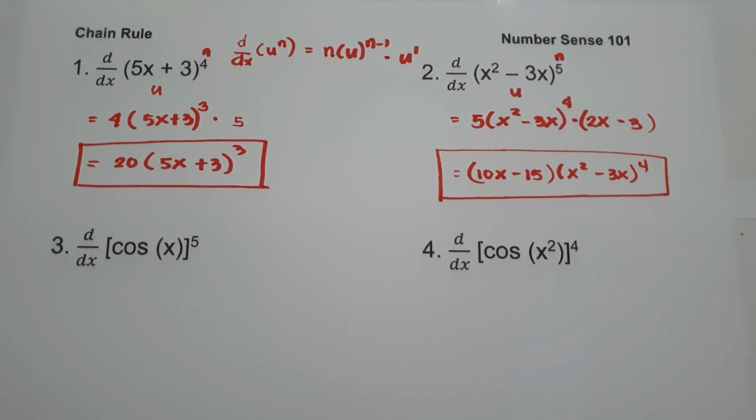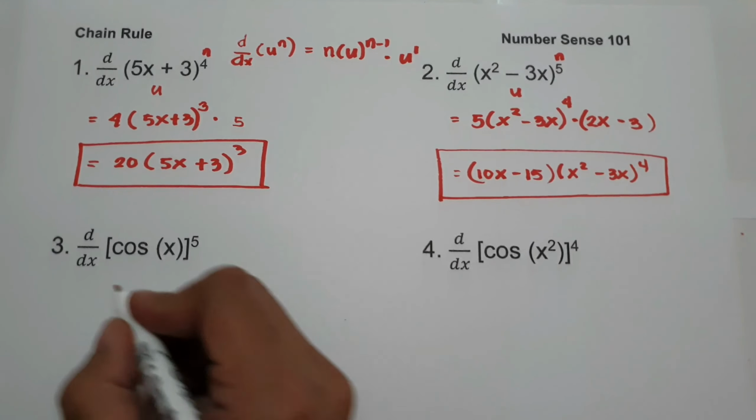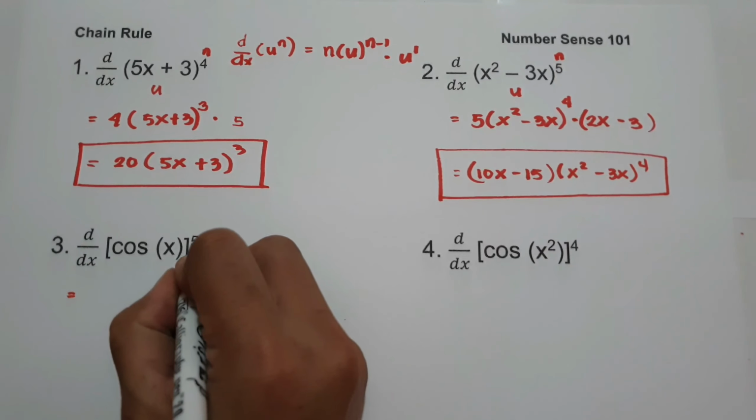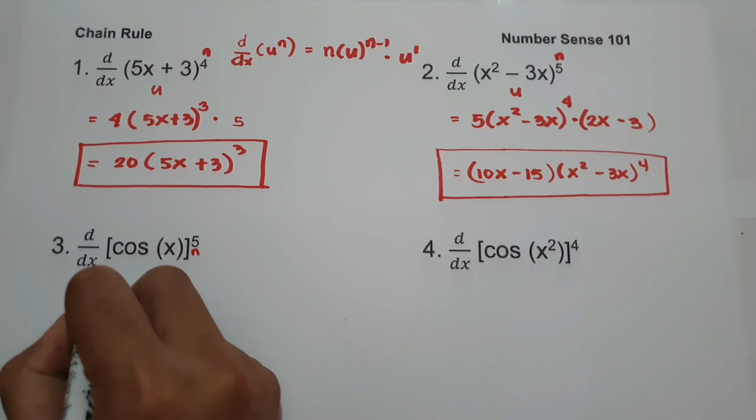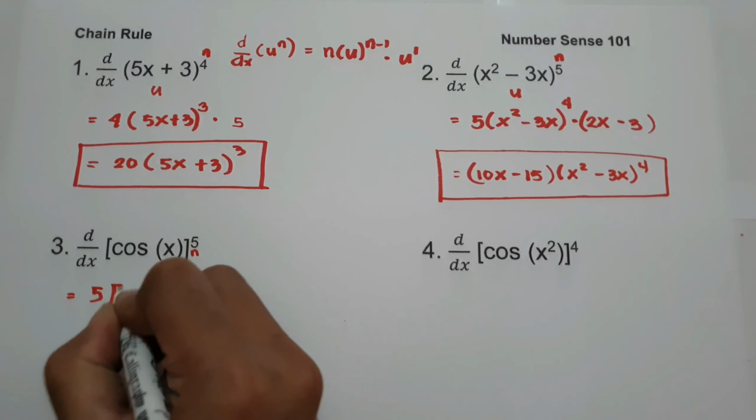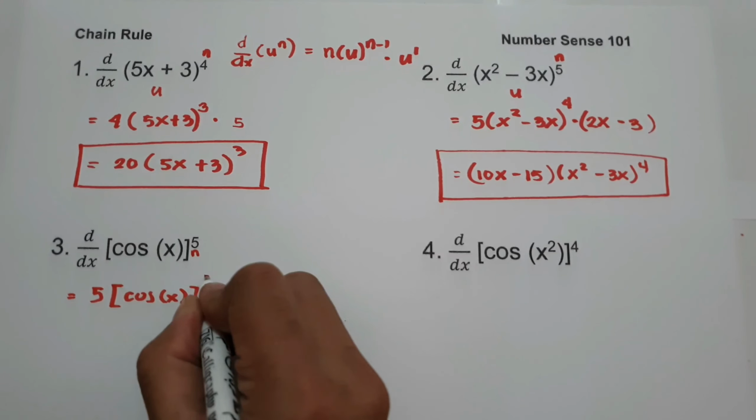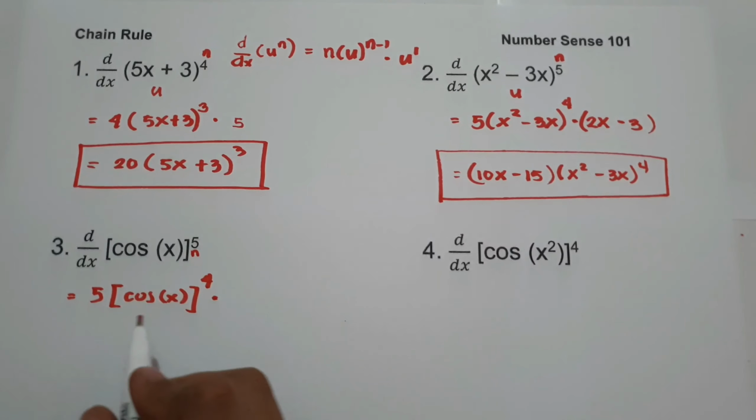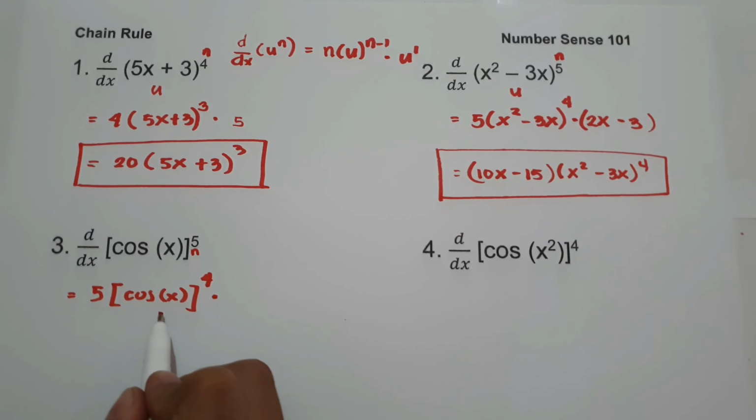On number 3, what is the derivative of cosine x raised to 5? So as you can see, the value of n, that is 5. And then let us copy u, that is cosine x. And then 5 minus 1, that is 4. And then we are going to get the derivative of cosine x.